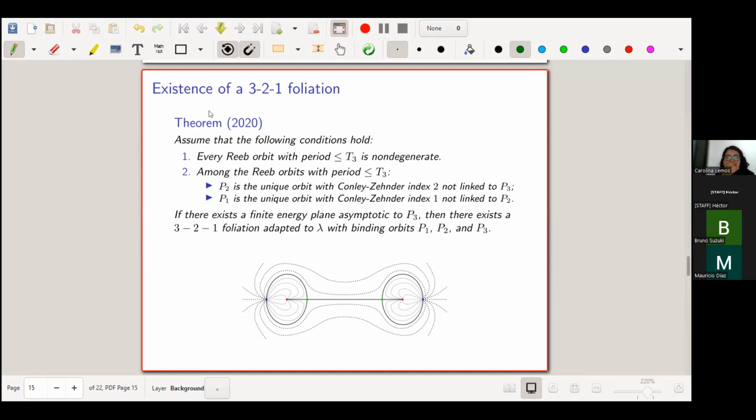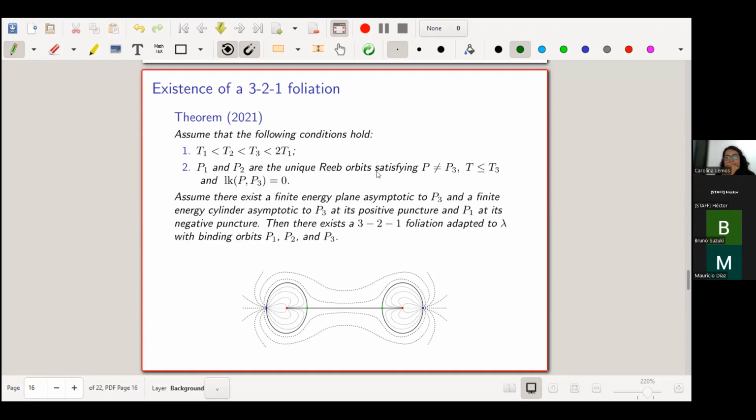And this is a modification of a result in my PhD thesis in 2020, but it's a little different here. And later I proved a similar result, but here without any condition on the non-degeneracy of the orbits.